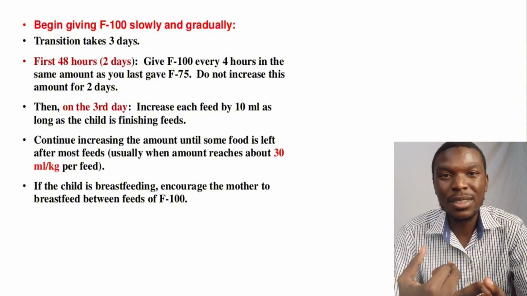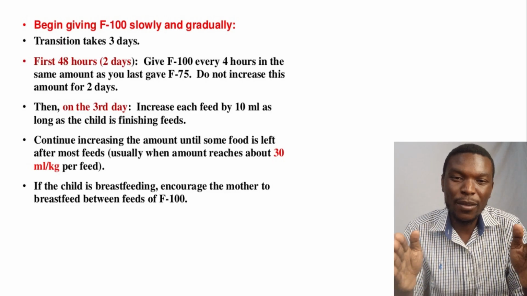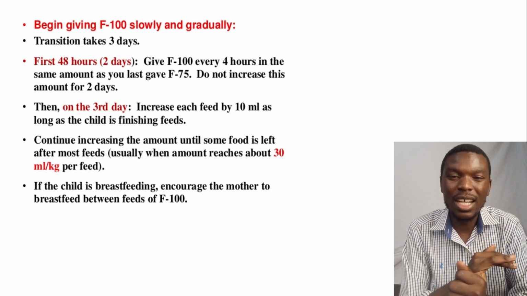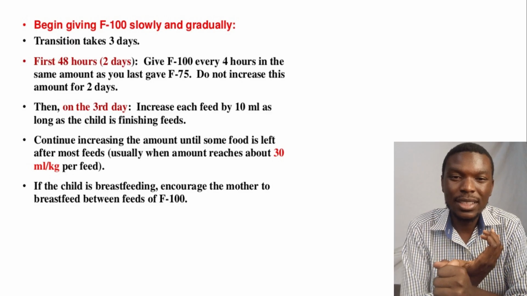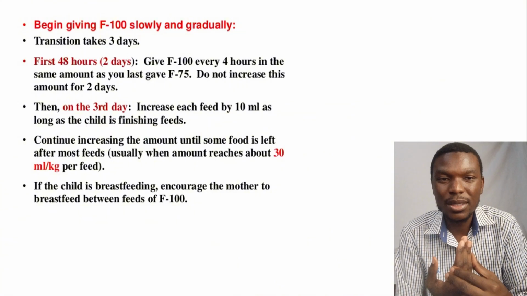Then if the child is breastfeeding, you can also encourage the mom to breastfeed the child during those periods. So you feed at 10 hours, the next feed will be at 14. So during this gap, you can encourage the mother to breastfeed the child.